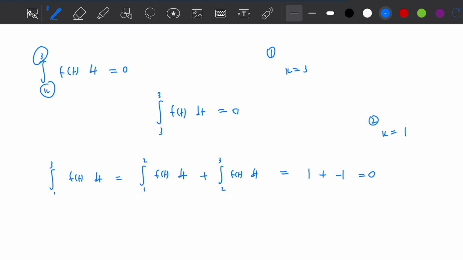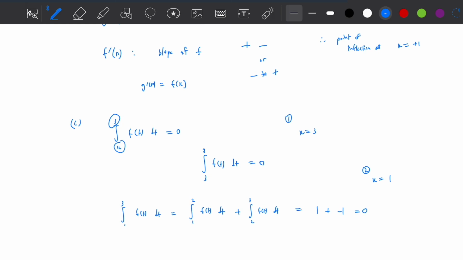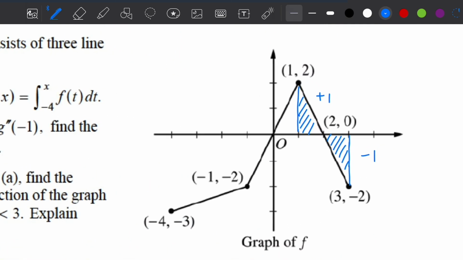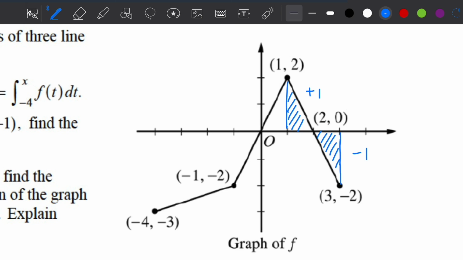To continue, we can go backwards from x equals 1. We see that there's another triangle forming from 0 to 1, which also has the same dimensions as the other two triangles, meaning the area will be +1.